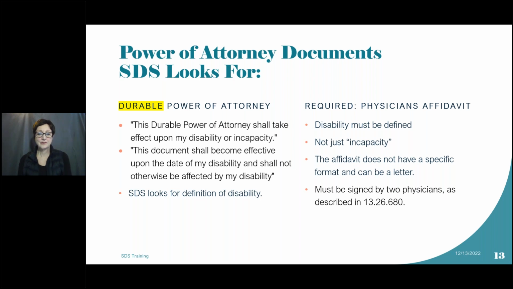SDS is looking for the definition of disability, not just incapacity. So the physician's affidavit also must define their disability, and it can't say general incapacity. The affidavit doesn't have to have a specific format, and it must be signed, as we stated before.